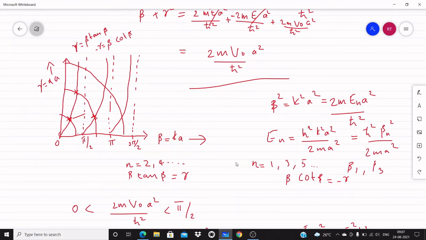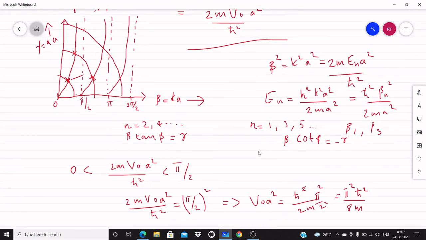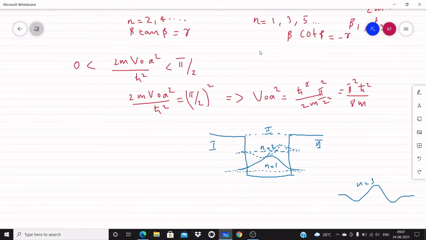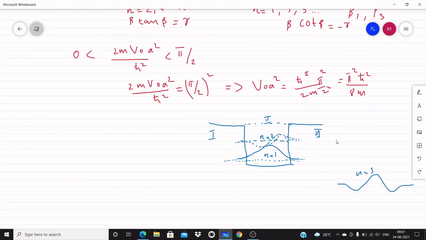That is, odd values correspond to the intersections of the circle with beta cot beta equal to minus gamma, and the even values are obtained from beta tan beta equal to gamma and the circle. So analyzing that, we obtained the variation of V0 a square with the number of intersections increasing, so that we have the energy values. And we have also plotted the wave function.